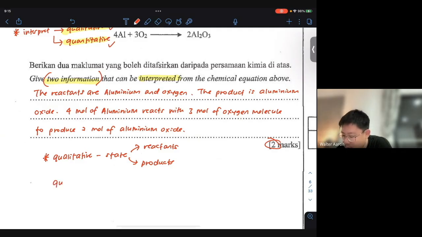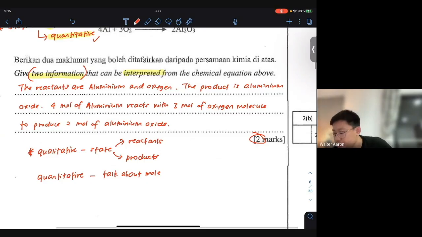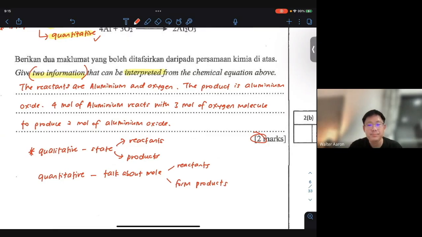And then quantitative means I'll say here, talk about moles for reactants to form products. So that's how we look at qualitative and quantitative.